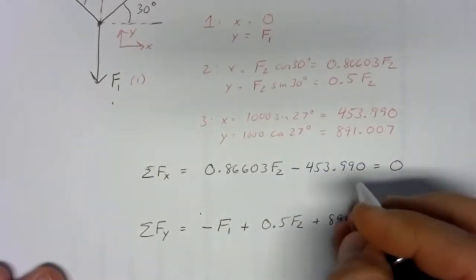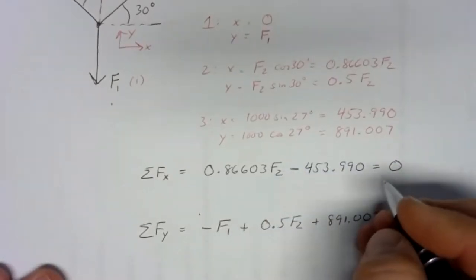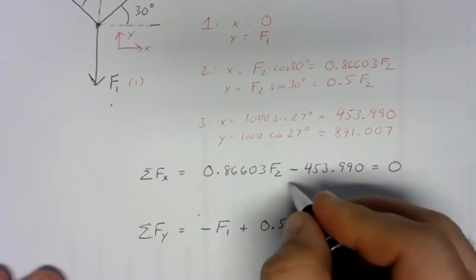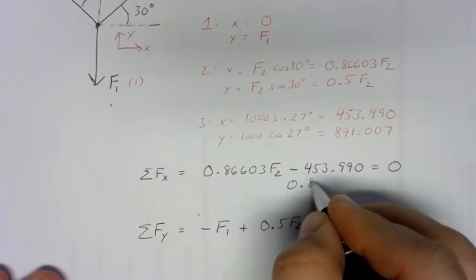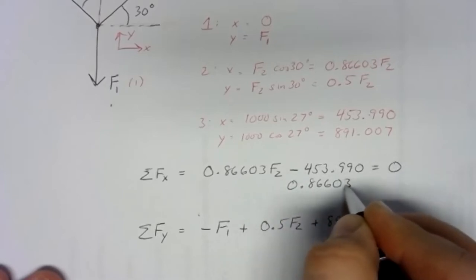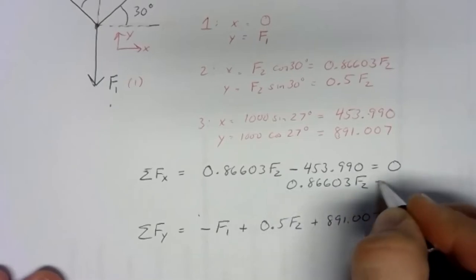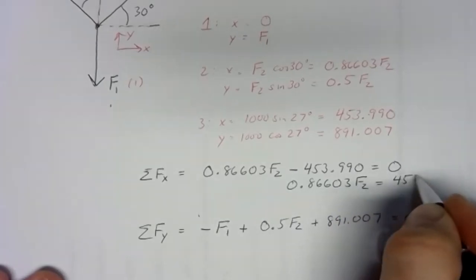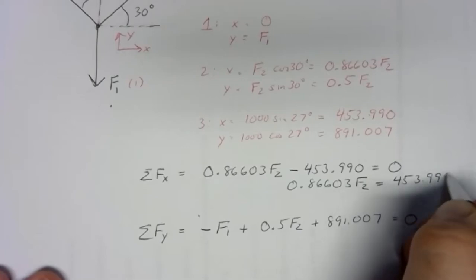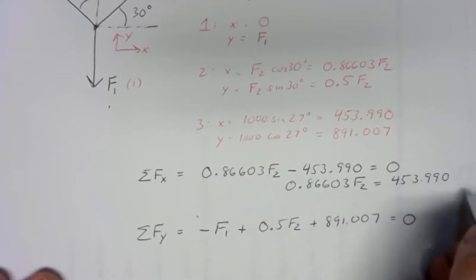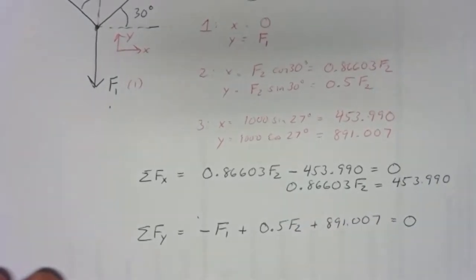So to solve the x direction equation, I'd add 453.990 to both sides. So I'd get 0.86603 F2 equals 453.990. Then I divide both sides by 0.86603.